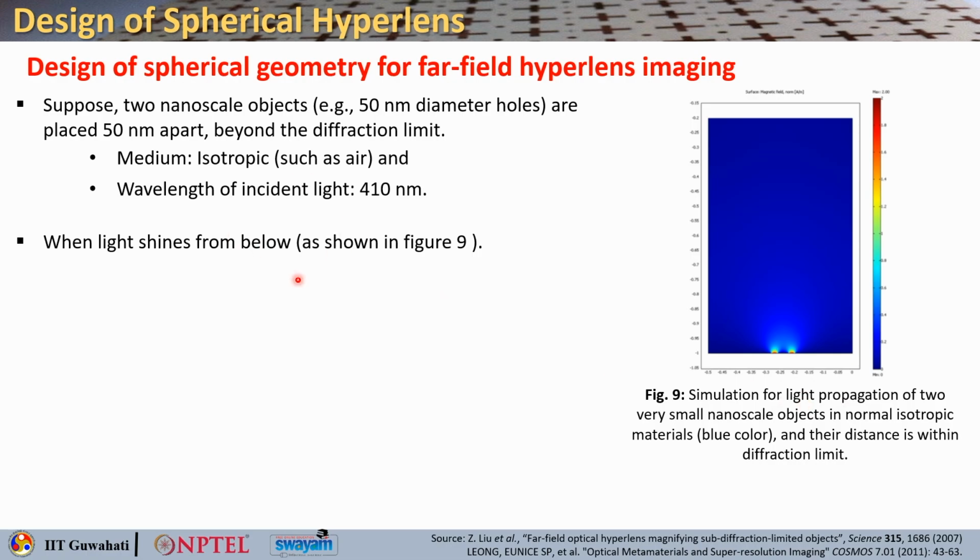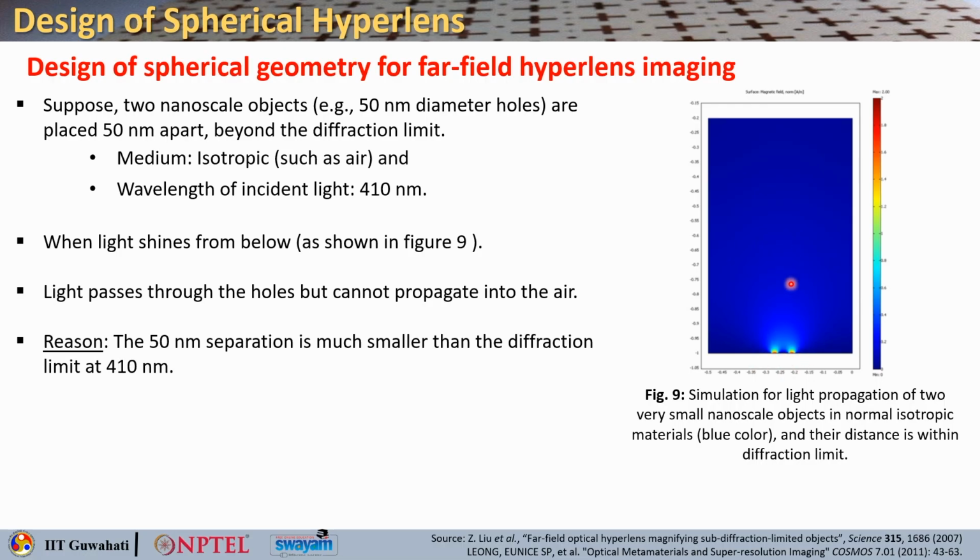When light shines from below, as you can see here, these are the two spherical holes or nanoscale objects, circular holes you can say. These are 50 nanometer diameter and they are 50 nanometer apart. When light passes through the holes, you can see the field is diminishing in very close proximity. That means they are not able to propagate in air.